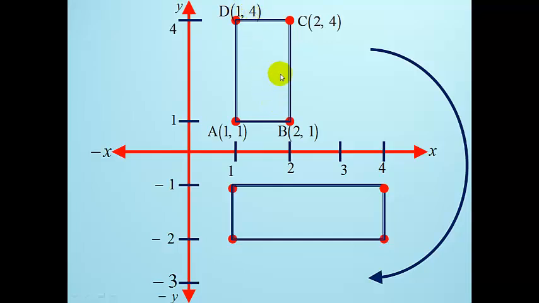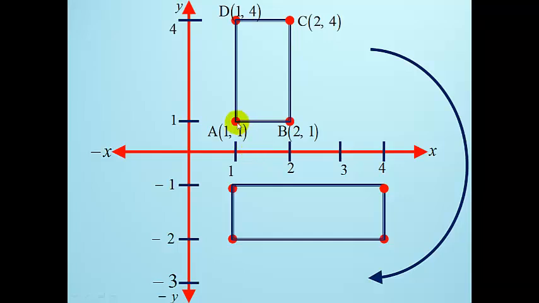Now, for your exercise, rotate this rectangle ABCD clockwise through 90 degrees and find the vertices you are going to get, in order to have the rectangle as shown.